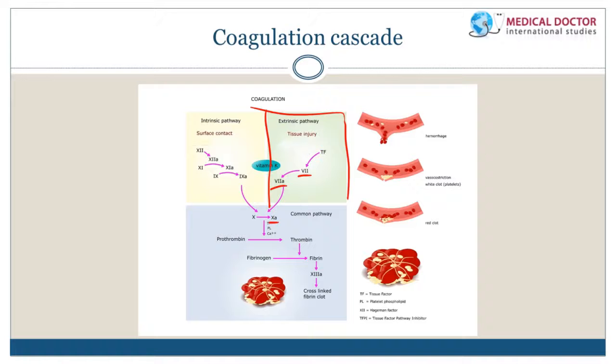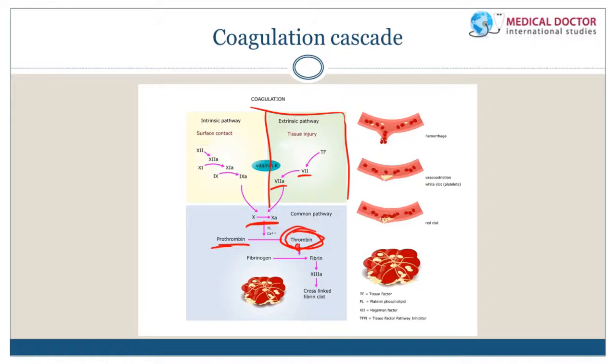From activated factor 10, we see that prothrombin would become activated and would become thrombin. Now, thrombin is factor 2. You're going to see in just a moment, we're going to discuss every one of these factors, where they're produced, their functions, etc. But the endpoint is the activation of thrombin by activated factor 10.